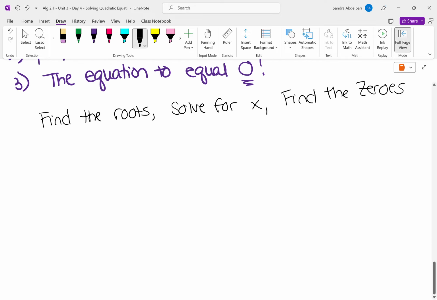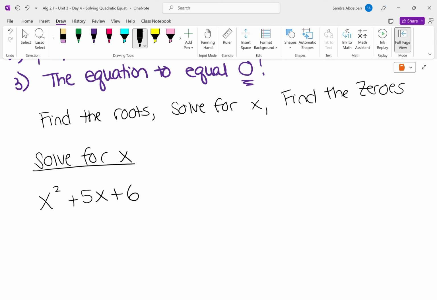When we're solving a quadratic equation, so let's say I want to solve for x, and the equation is x squared plus 5x plus 6 equals 0.